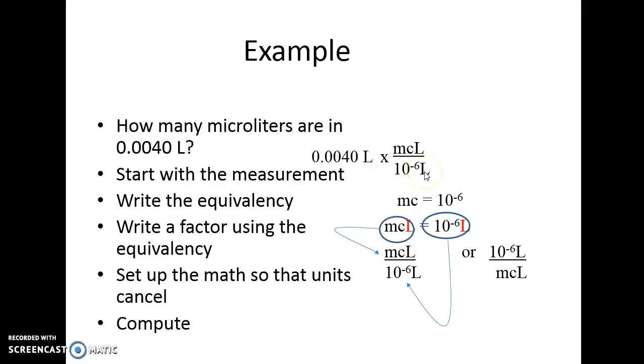So I do my unit math. Liter cancels liter out. I'm going to get microliter. And then I do my number math: 0.004 divided by 10 to the minus 6.